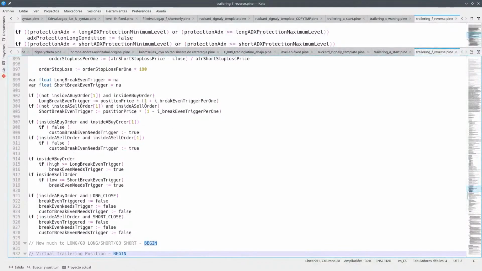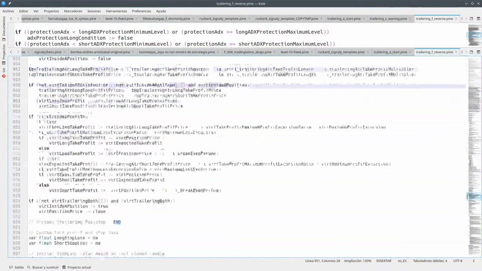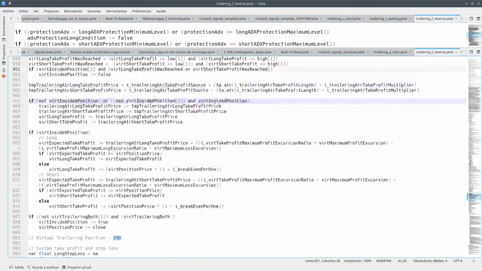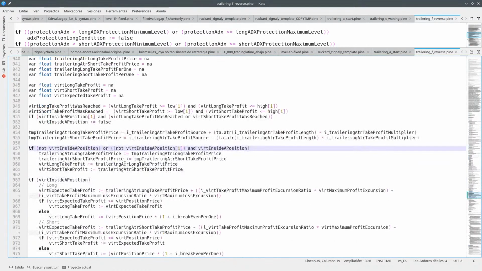This is where take profit and everything is being calculated, but we don't need anything related to this. The only thing we need is this. Everything else should be used, and that way we will be able to use this later on. Okay.